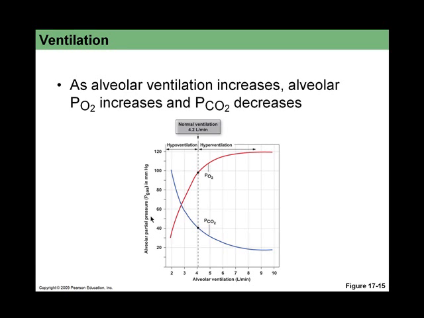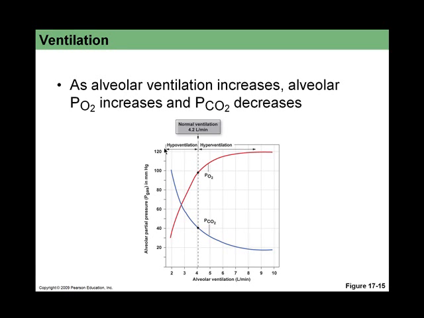Then what we're doing in this case, because we have two dependent variables, is we're performing a correlational study. As you change alveolar ventilation in liters per minute, what is the correlative change in the alveolar partial pressure for the different gases?